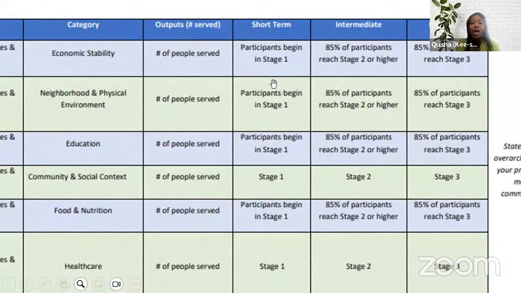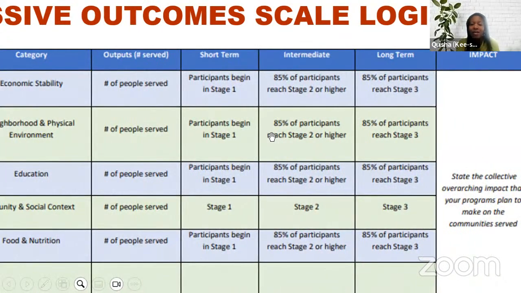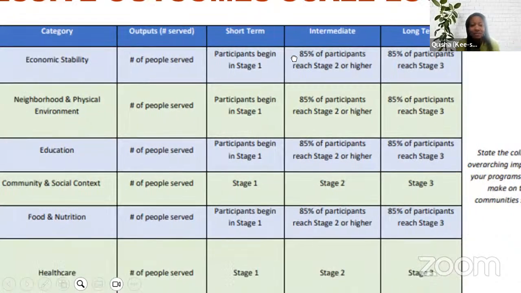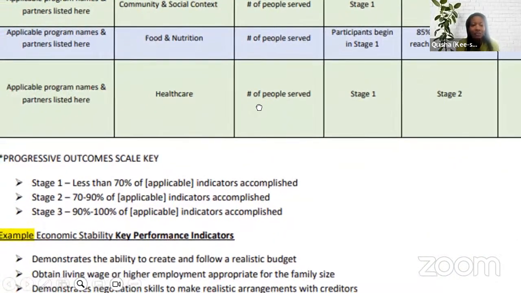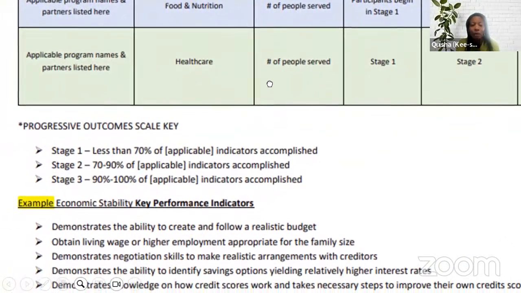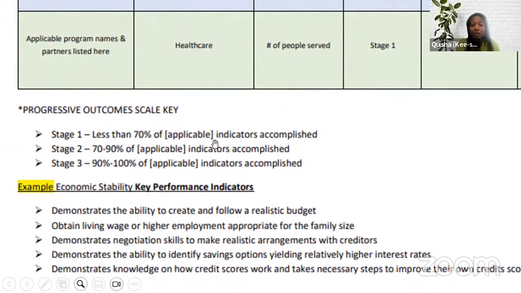You'll see here that the short-term, intermediate, and long-term outcomes are phrased differently. They're all phrased using stages. So what's meant by stages? If we look down below at the outcome scale key, we can see that the stages refer to the percentage of indicators that are accomplished by individuals in your program.